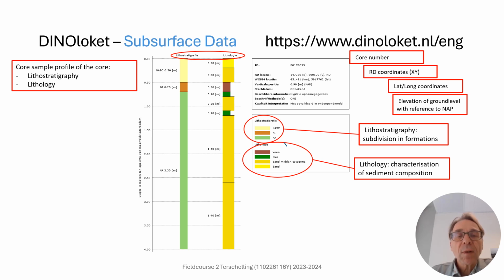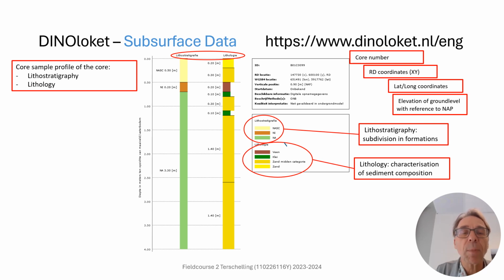So when you have such a core presentation, you have all this base data. The core sample of the profile gives some information on the lithostratigraphy and the lithology. The lithostratigraphy is here on the right, and the lithology is on the left. And you see there's a nice alternation, and we see here the Naaldwijk formation and the Nieuwkoop formation.